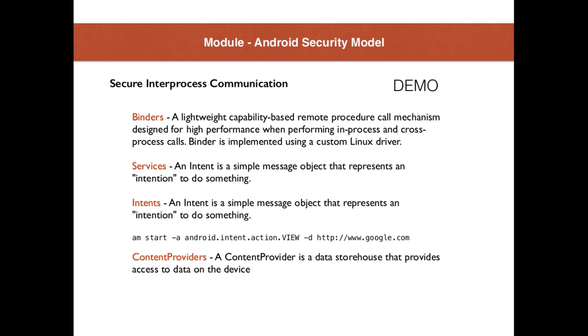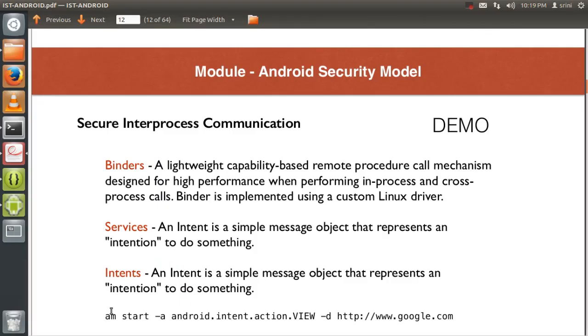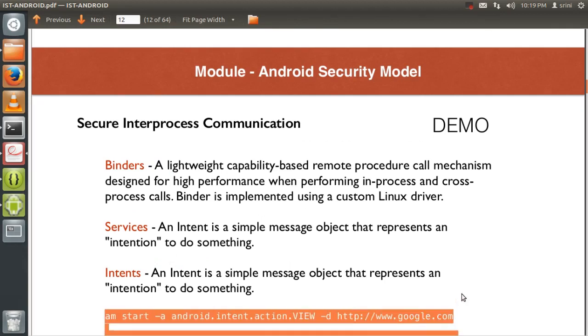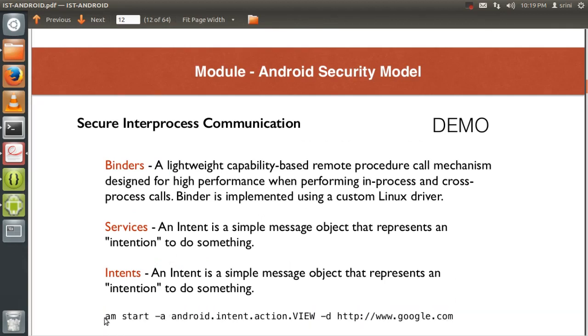second activity using intent. Now let's see a quick demonstration of how we can actually use intents right from the ADB shell. In this case I'm not going to use an application, rather I'm going to run this command using am, which stands for Activity Manager, to launch an intent which is http www.google.com.